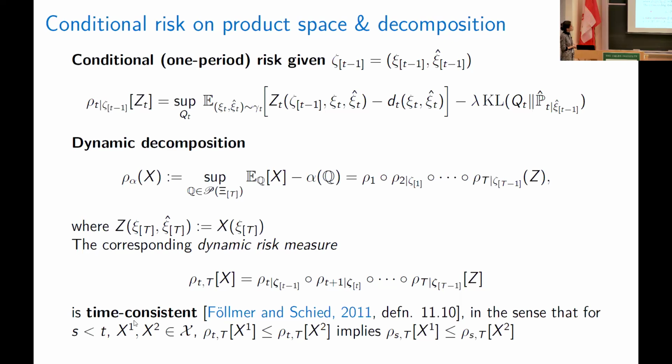So in this sense, we are going to show that it is indeed a time-consistent dynamic risk measure, in the sense that for any X1 and X2, if we have this inequality, then for the earlier time little s, this inequality should also hold, right?